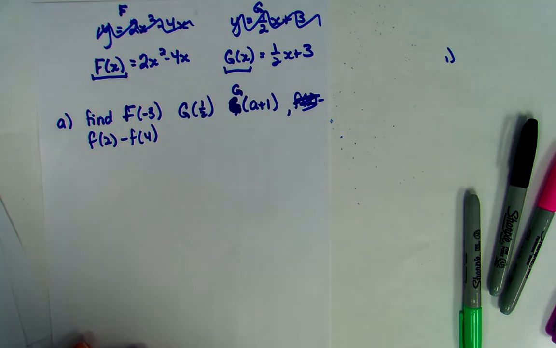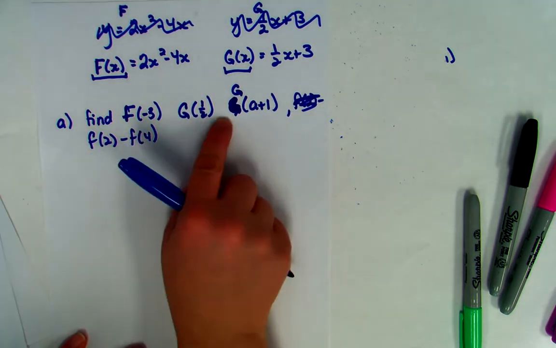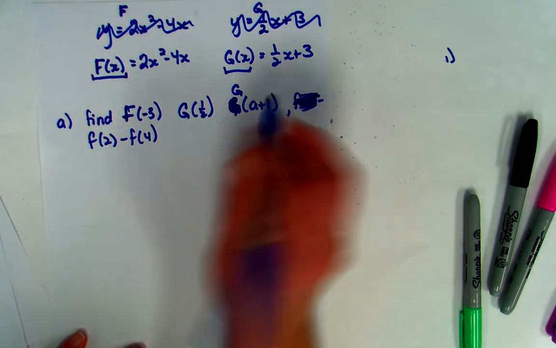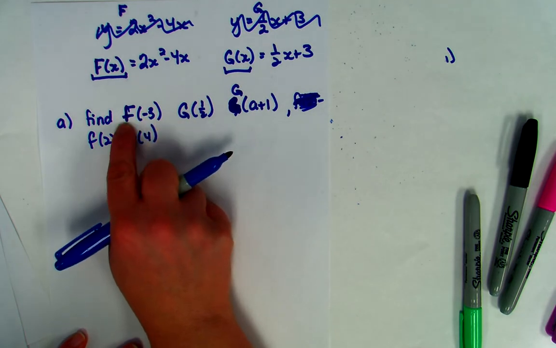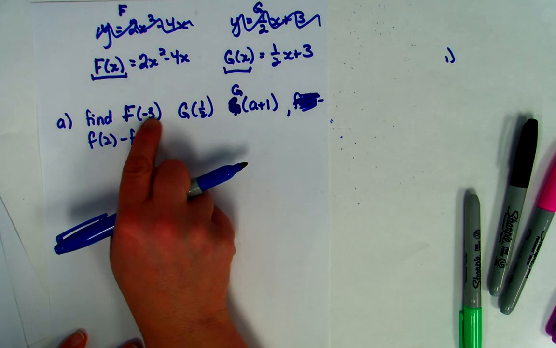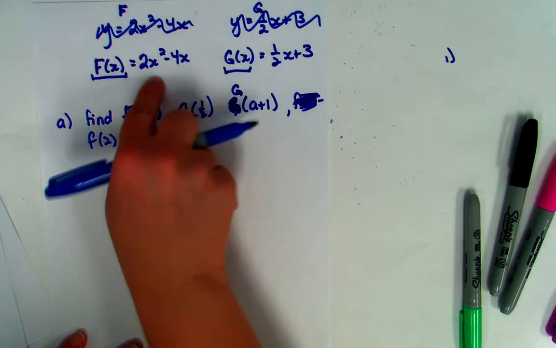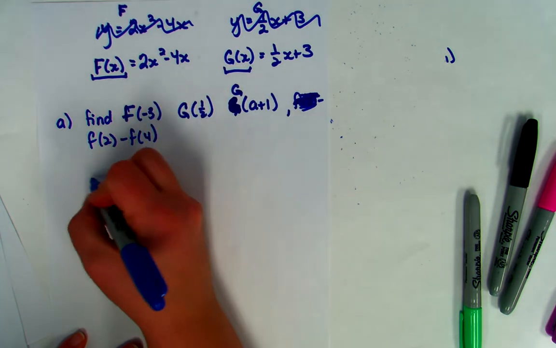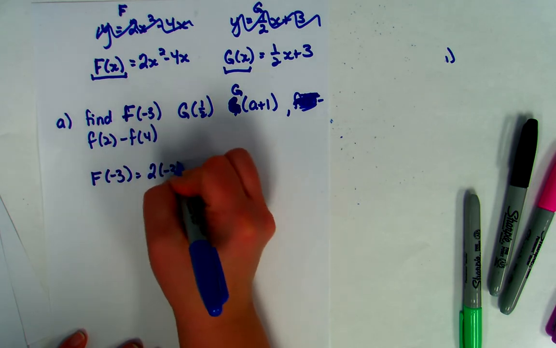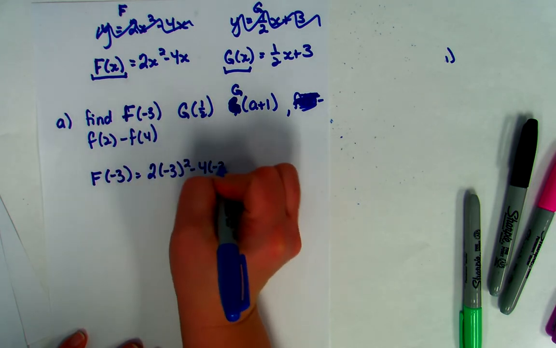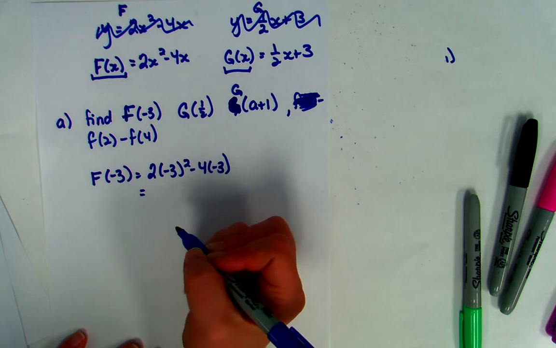So this is just short form notation, and it's really messy. I apologize for that. F at -3 is mathematician's short form that says find the function called f, use x equal to -3, and find your answer. So there's the function called f. I'm going to put -3 everywhere there's an x, and now I'm going to get my answer.